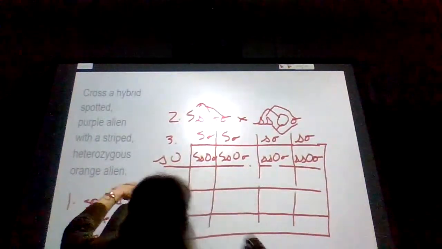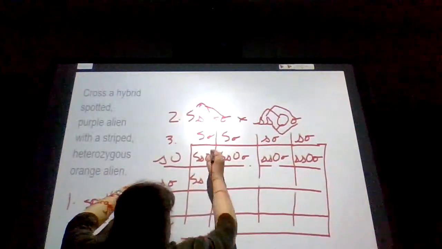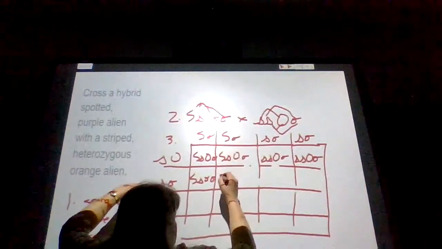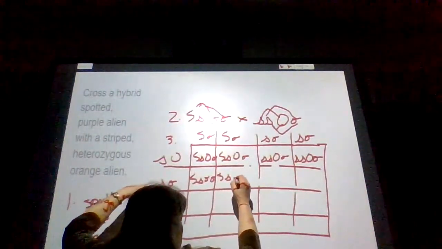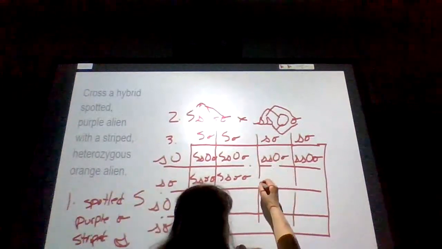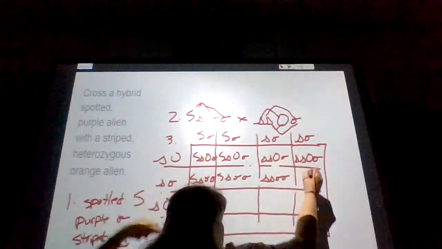Second row. Again, I've got my big S with my little s, and I got two little o's. Big S, little s, two little o's, and again, little s, little s, little o, little o.